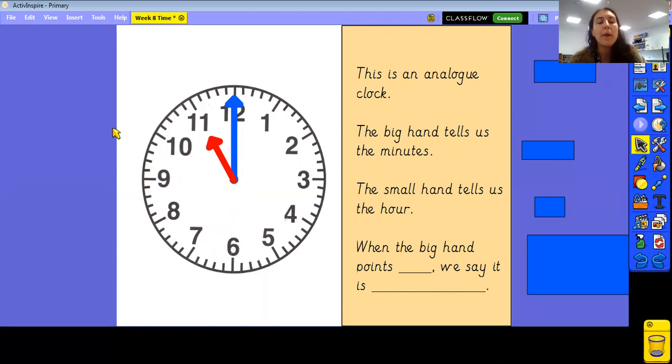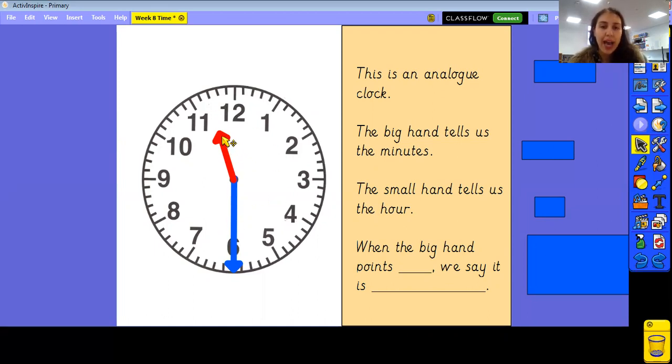Fantastic. So what about when my big hand moves halfway round to the other side and it points straight down over that 6? What time do we say it is when that big hand points straight down over the 6? Well, we say that it is past. Well done if you said that. So past.